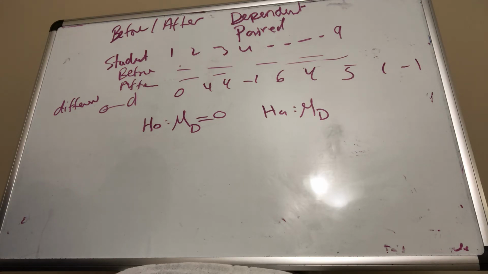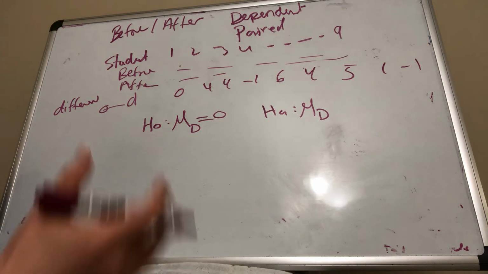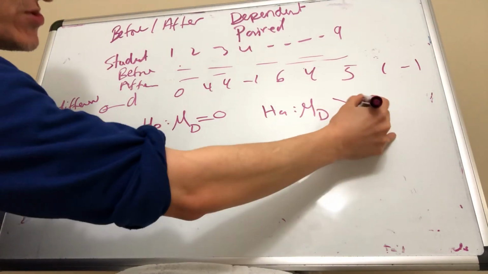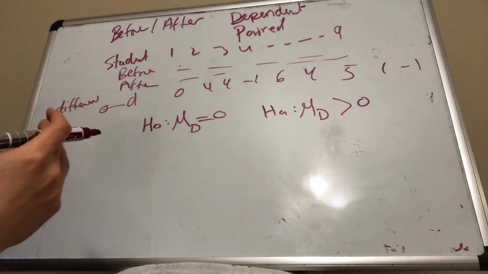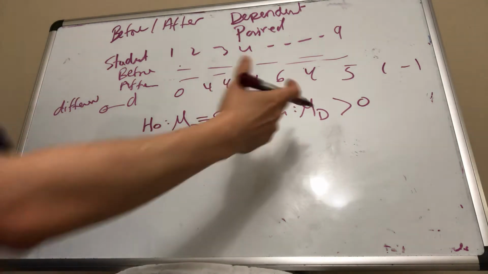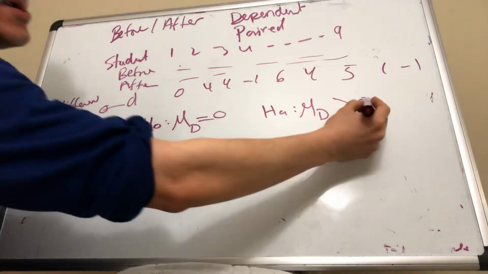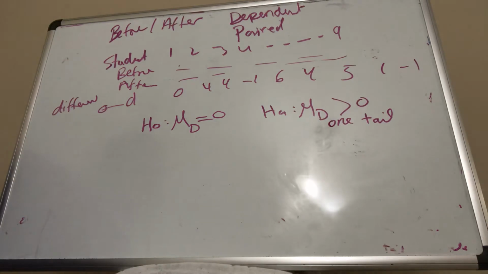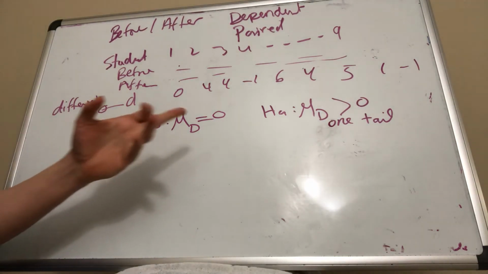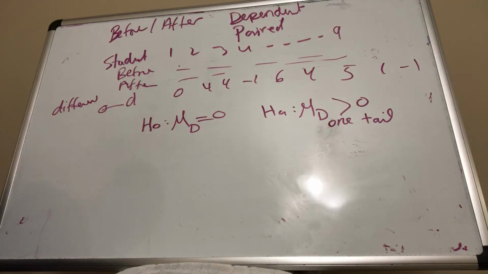Is there any evidence that there is an increase? If you're testing for an increase, then you say greater than 0. If it says decrease, less than 0. If you're testing for not equal, it would be not equal. An increase, as we said earlier, would make it a one-tail system. So this is H0, this is HA.